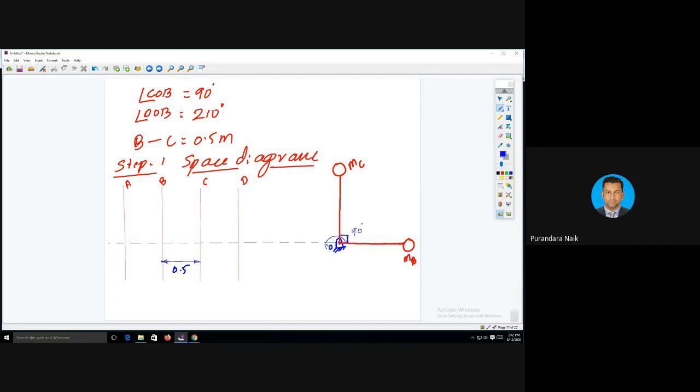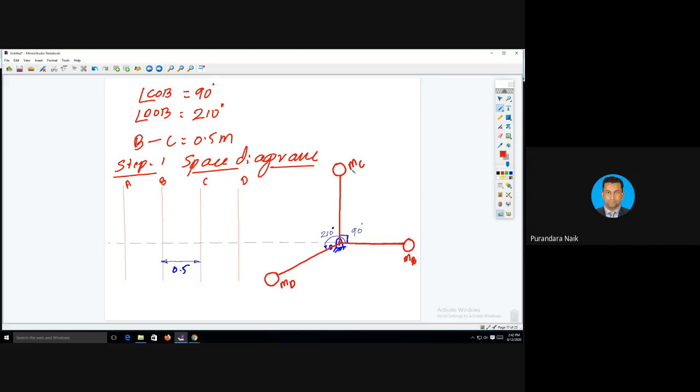So I am going to draw this 210 degrees somewhere here. Just draw a line and mark it as MD, because both 90 degree and 210 degrees are measured from mass B.